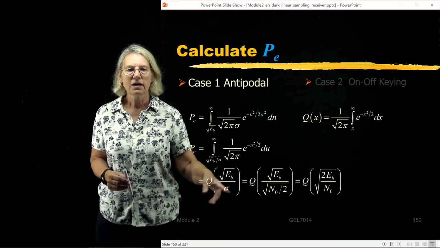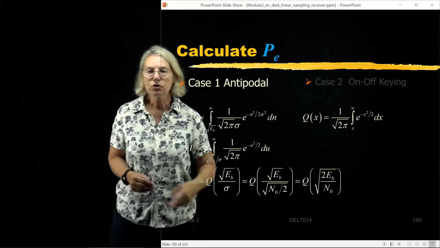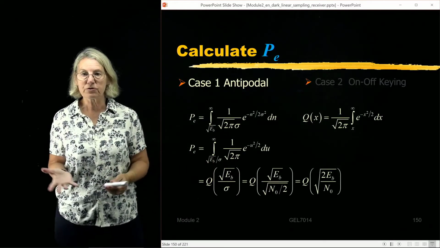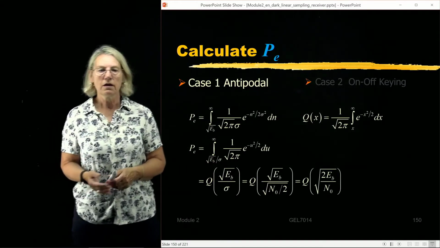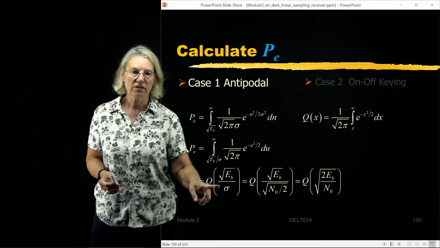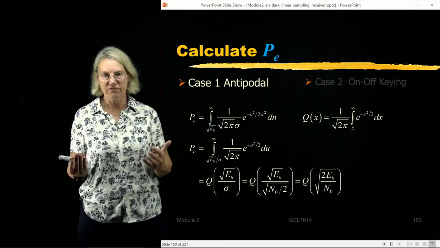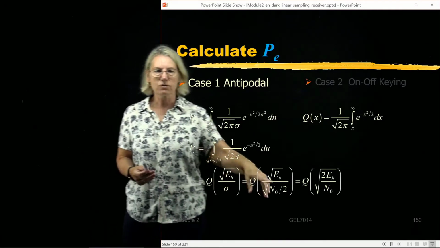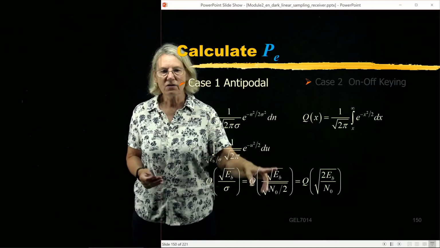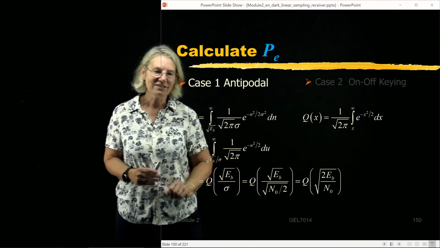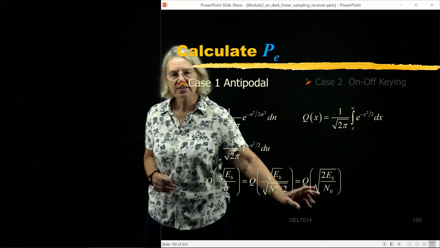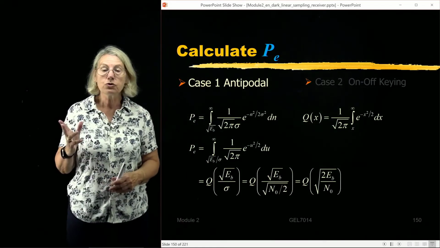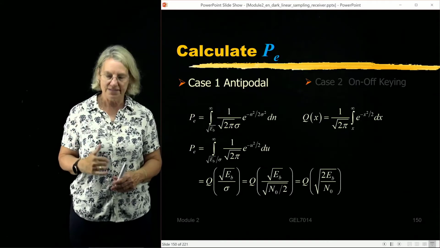over sigma, and we often use n0 over 2 as our parameterization of the noise. We define the noise variance as a power spectral density of n0 over 2, which means that we can plug it into this expression. And for antipodal signaling, we get the Q function of the square root of 2 EB over n0.